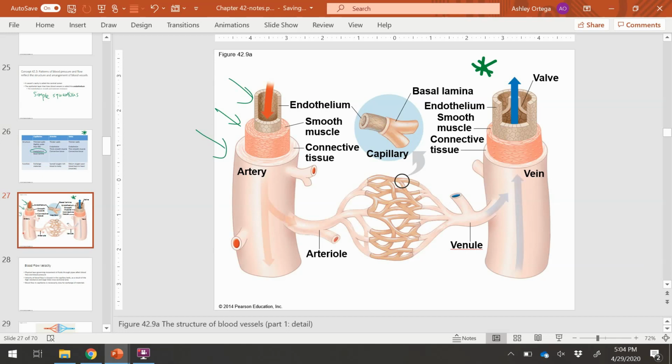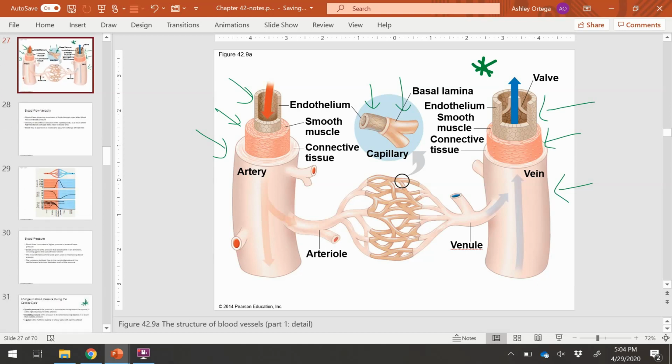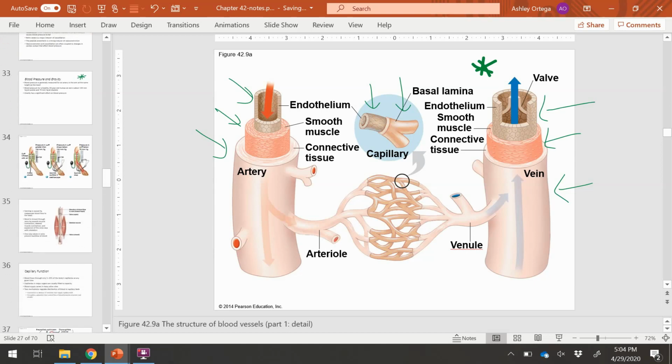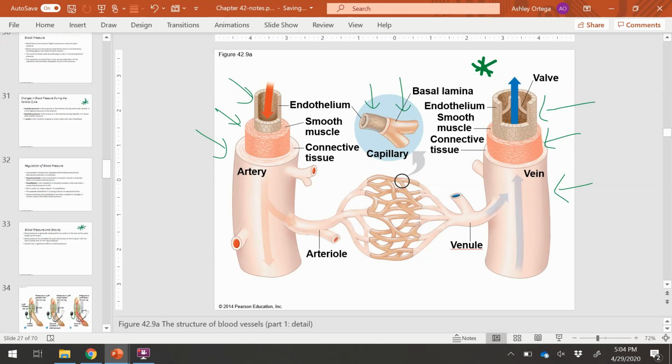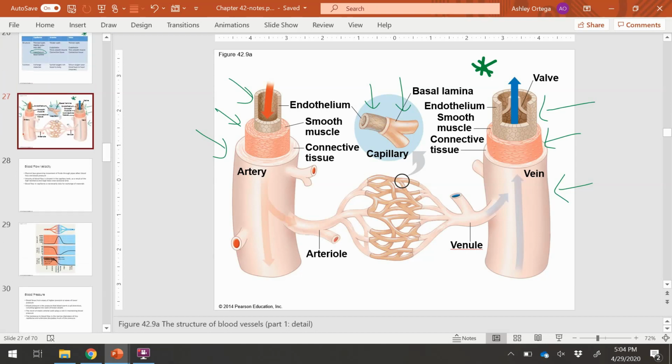Capillaries are just the endothelium and basal lamina, with connective tissue to hold it in place. Veins have thinner connective tissue, thinner smooth muscle, and then the endothelium layer. We do have another image with the structure of the vein in terms of returning blood to the heart that we'll get to.